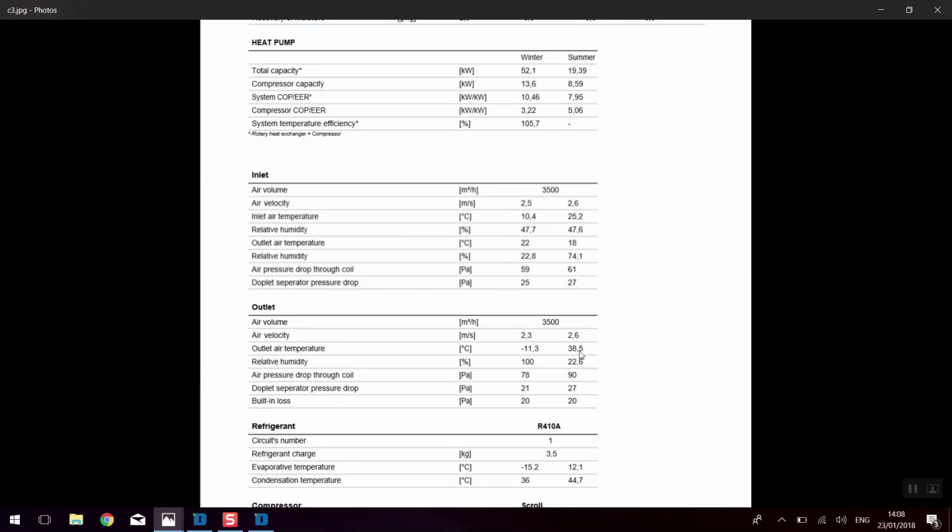Again, in winter mode, the evaporation temperature is given as minus 15 degrees, while the outlet air temperature is minus 11.3, and with a face velocity to the coil of 2.5, we put very serious doubts on this evaporation temperature. We believe that with an outlet air temperature of minus 11 degrees, this one should be even close to minus 20, which will affect all the calculations and data for winter mode.